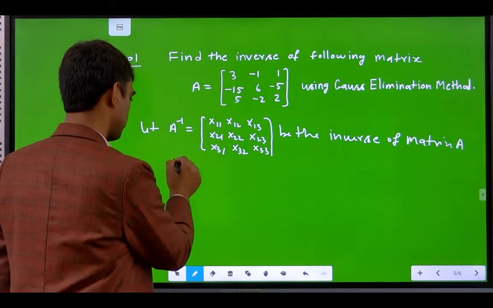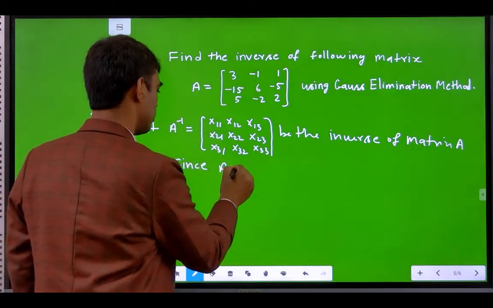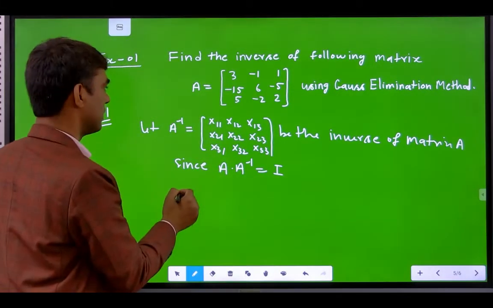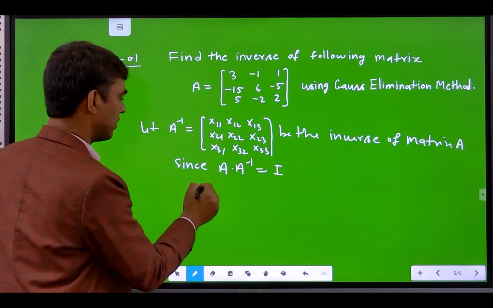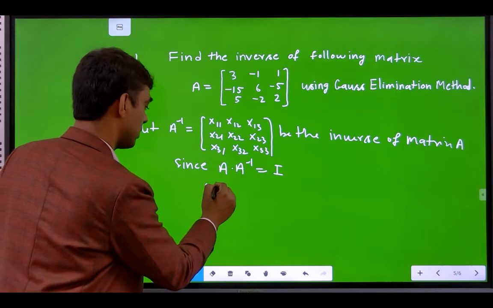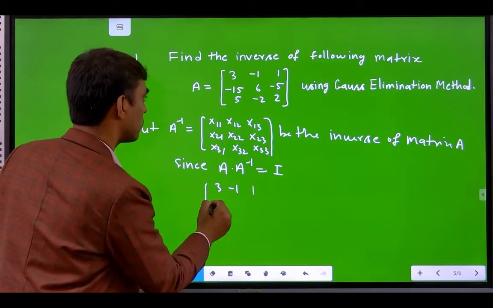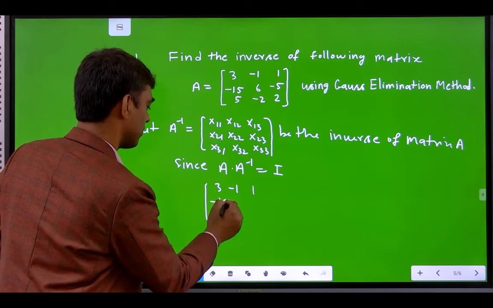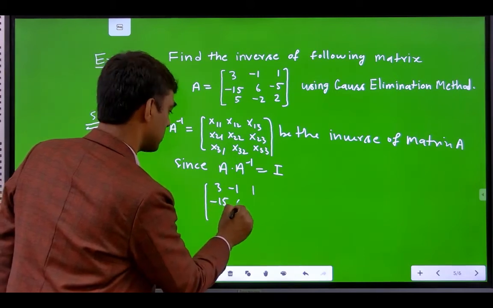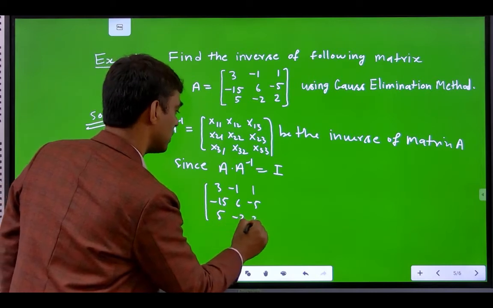Since A into A inverse equals the identity matrix, here we write A. Now putting the values of A and A inverse: A is [3, -1, 1; -15, 6, -5; 5, -2, 2].